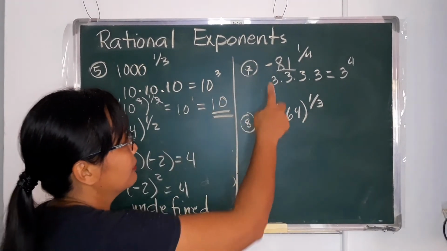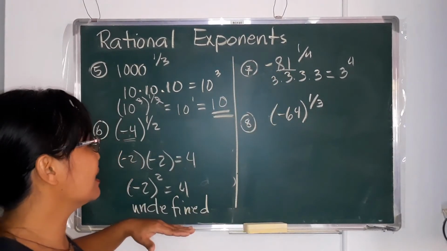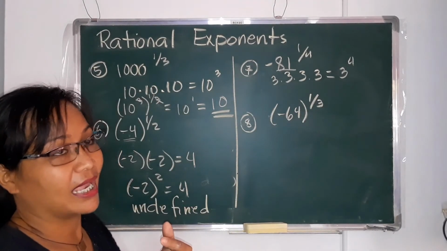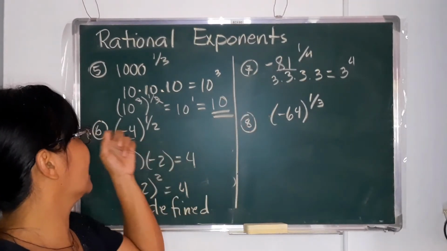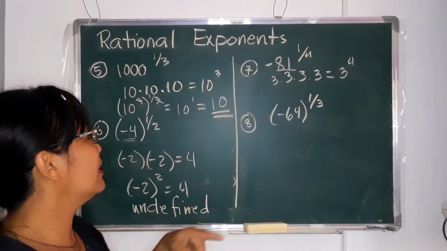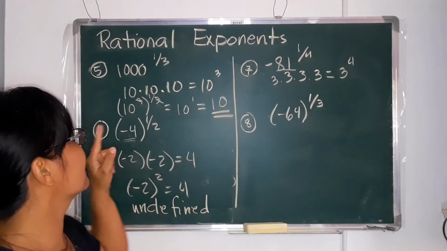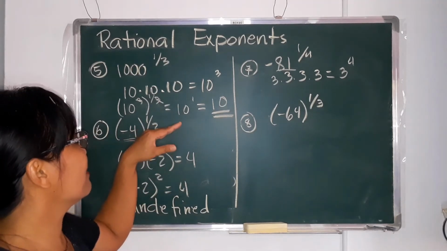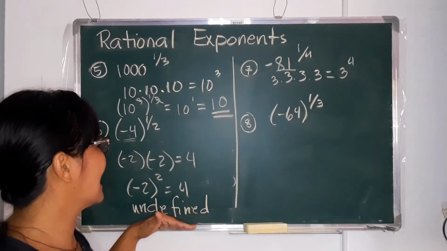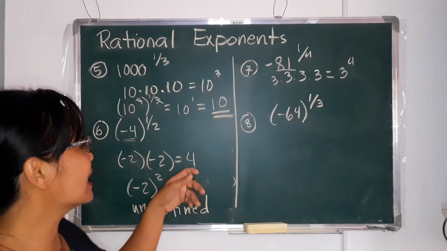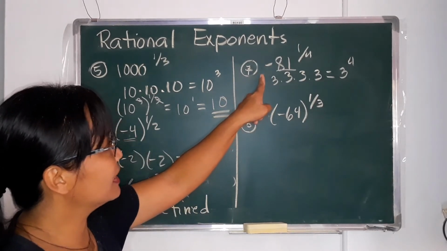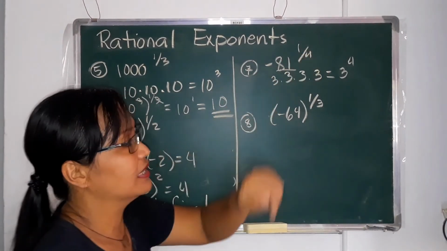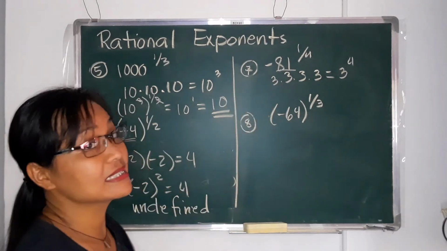So therefore, this is not undefined even though we have an even number exponent. Okay? So there is a big difference between number 6 and number 7. If there is a close and open parenthesis including the negative sign and the exponent is an even number, then it is undefined. Okay? Because it's not possible. But if there is no close and open parenthesis and the exponent is an even number, then it is possible.